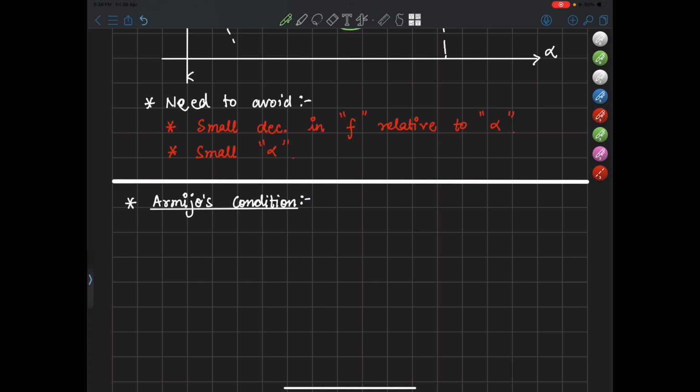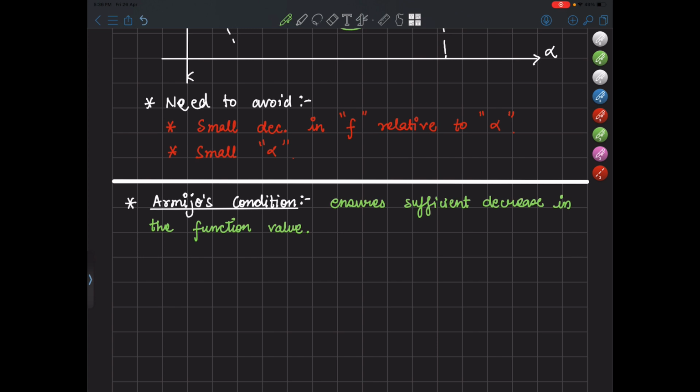So the Armijo condition ensures sufficient decrease in the function value.